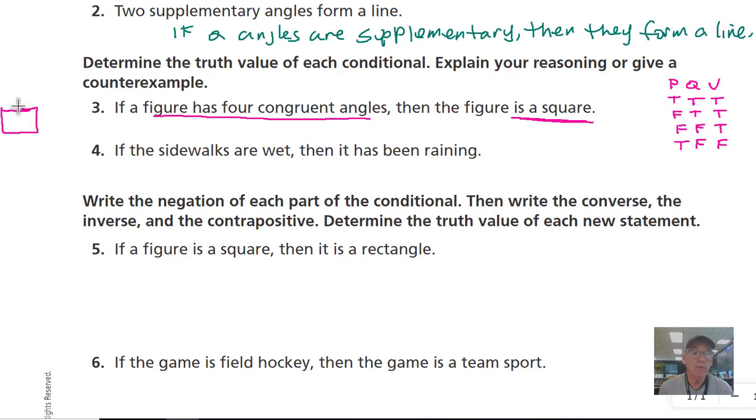These 2 opposite sides are congruent. Those sides are congruent, but it's not a square because all the sides are not congruent. That would be my counterexample. It could be a rectangle. So this is a false statement.